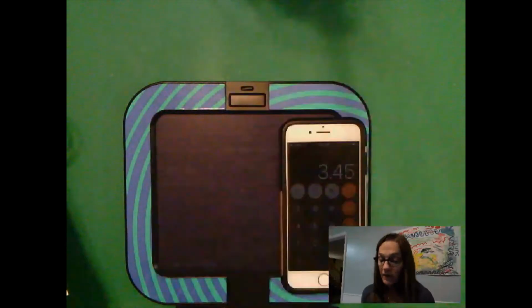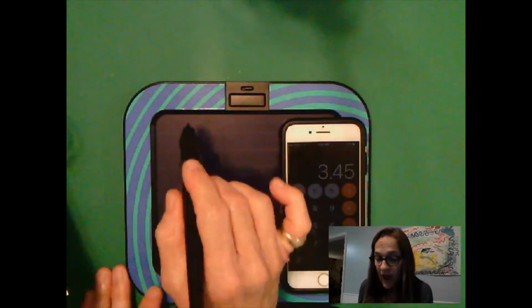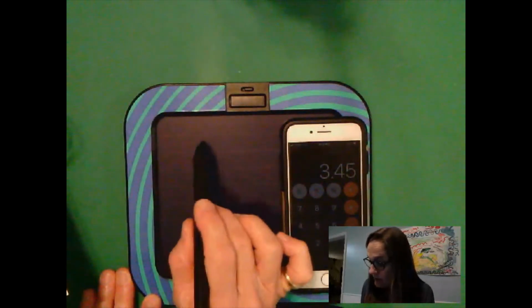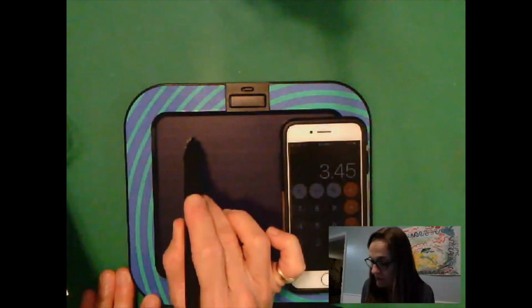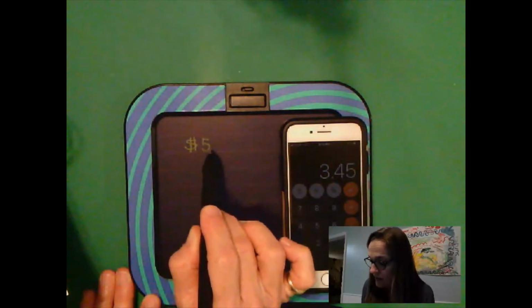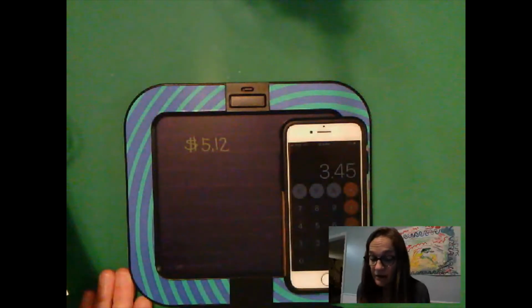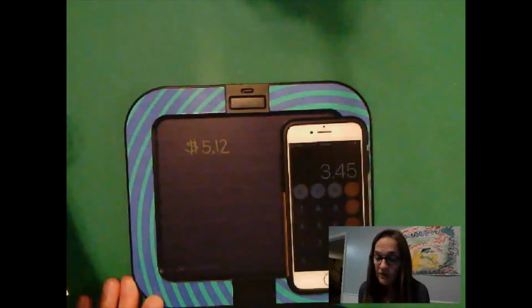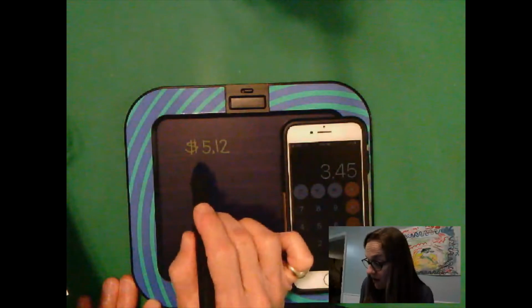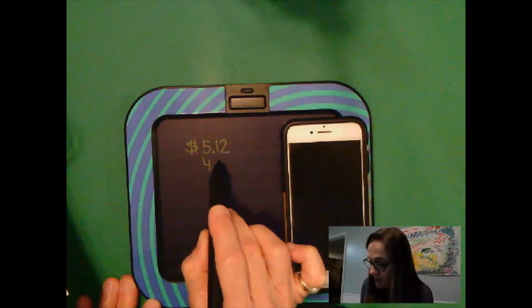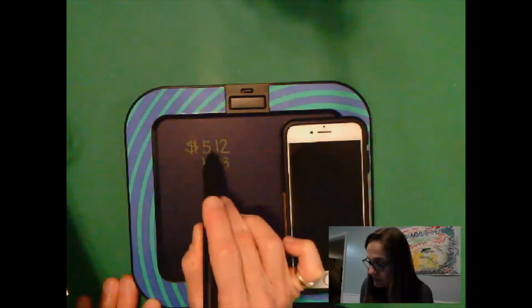Okay, let's try another one. Let's add $5.12. You can work this one out on your calculator. See if you get the same thing that I get. Let's add $5.12 to $4.13. $4 and, remember that's kind of what our little decimal stands for.